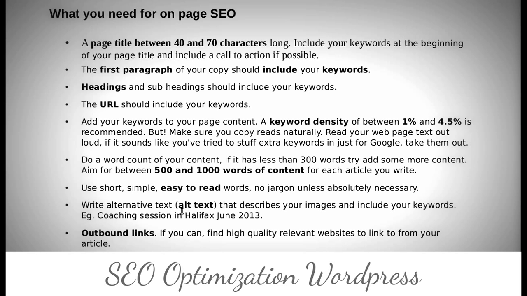Add your keywords in the alt text of images. On outbound links, if you can find links that are relevant and make sense, link to good quality websites. Google knows which websites are good quality. If you link to good quality sites that are relevant to your article, Google will like it. And put your keywords in your description. It's called a meta description.